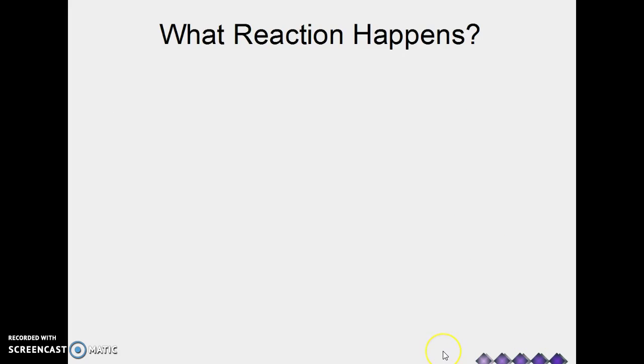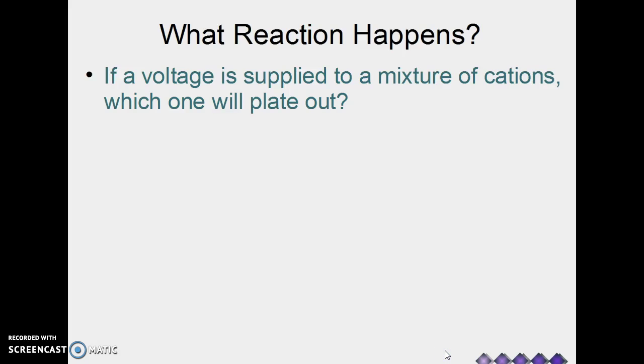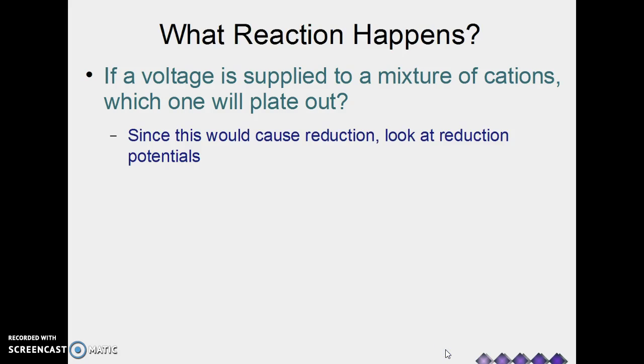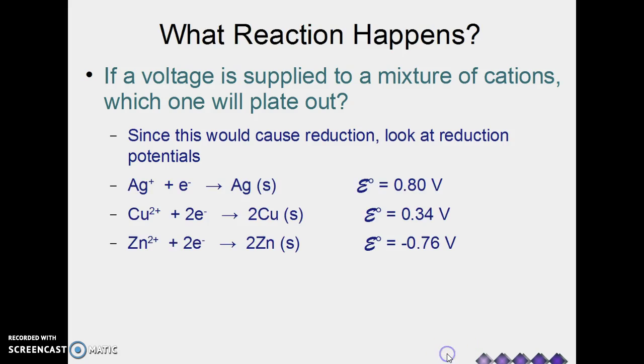So what reaction happens when you apply a voltage to a couple of electrodes dipped into ionic solutions? If the voltage is supplied to a mixture of cations, which one of the cations will plate out as a metal? Well, since this is reduction, let's look at the reduction potentials on the table.